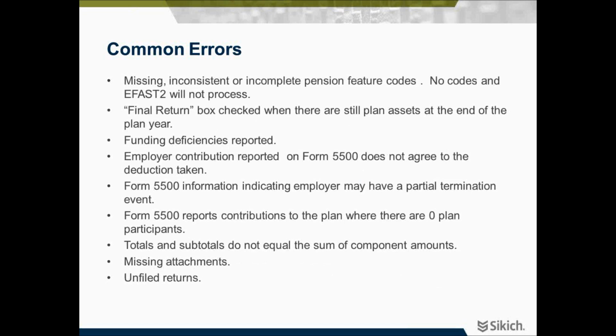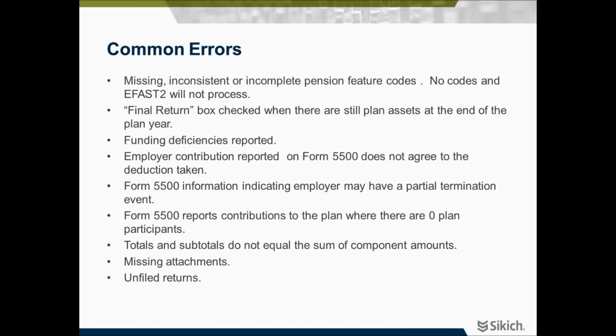Other common errors are missing, inconsistent, or incomplete pension feature codes. We talked about that a little bit earlier. Again, no codes, the EFAST will not process. Sometimes a plan will inadvertently have checked the final return box when there are still plan assets at the end of the plan year. So it can't be the final return.